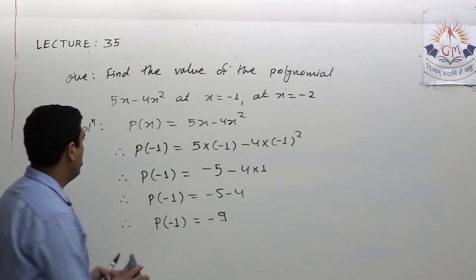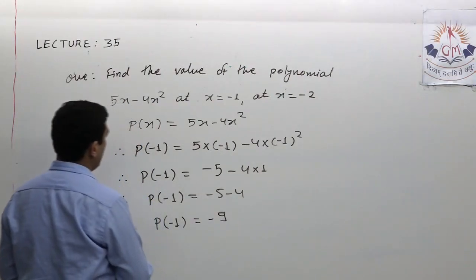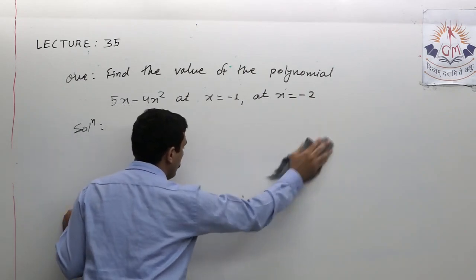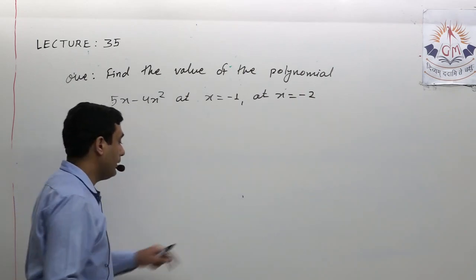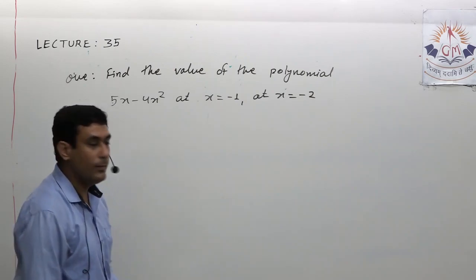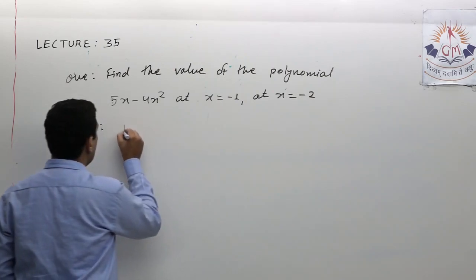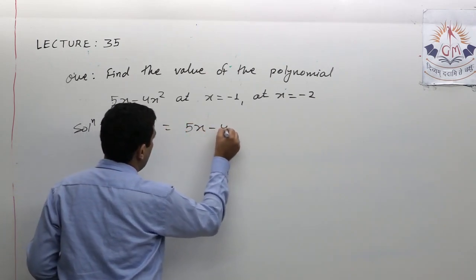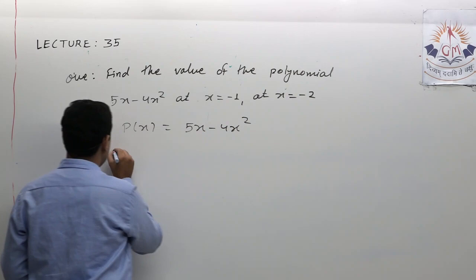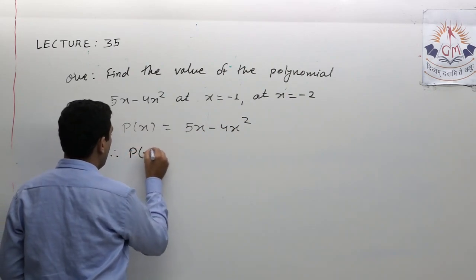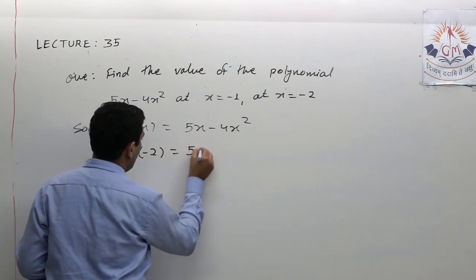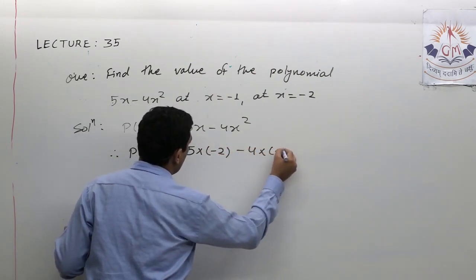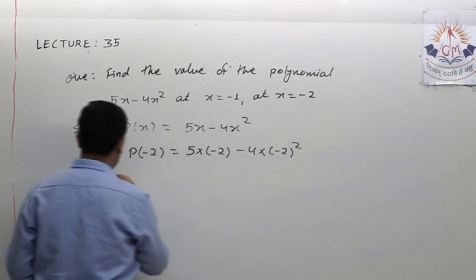Okay, let us see the next, how to find the value of p(x) at x equal to minus 2. It's the same process, you have to replace the variable by the given value. So again, we have p(x) equal to 5x minus 4x square. So p of minus 2 is equal to 5 multiplied by minus 2 minus 4 into minus 2 square.